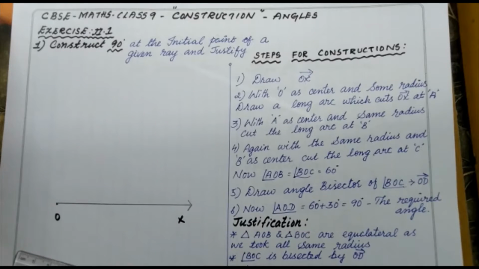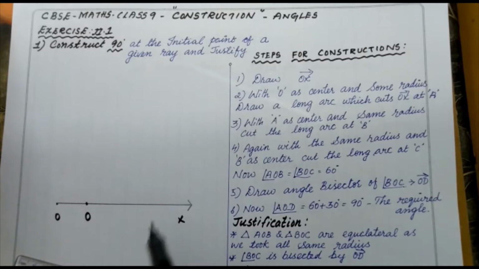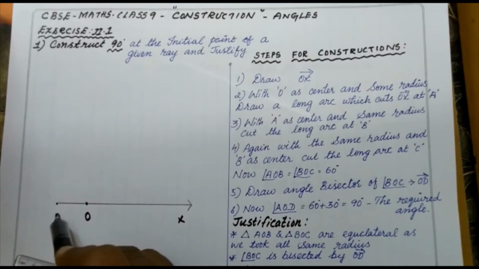In that OX, I will draw little more forward, considering this point O so that I can get a continuous, longer angle arc. Take this O point, OX. Now take some comfortable radius.